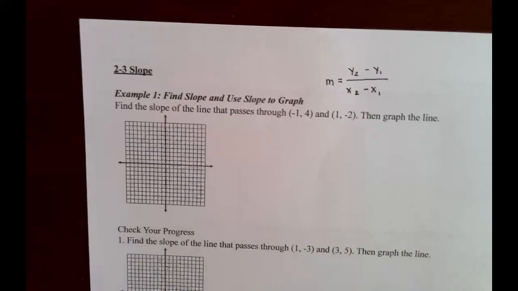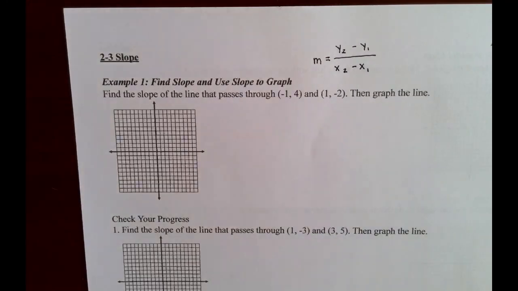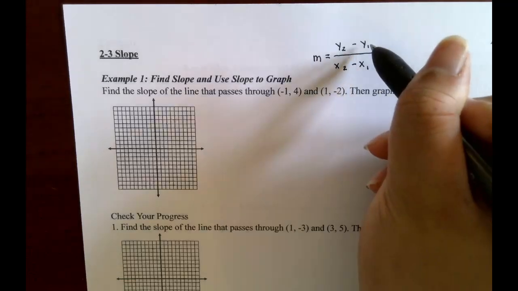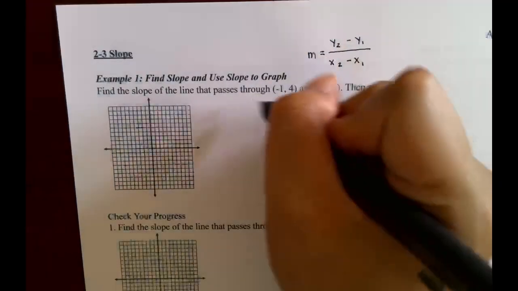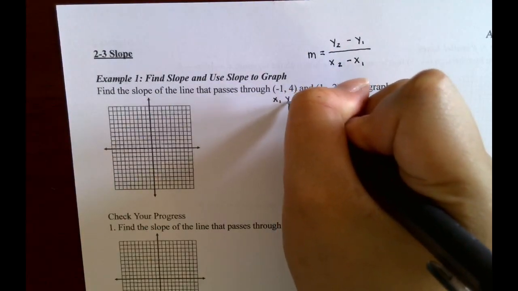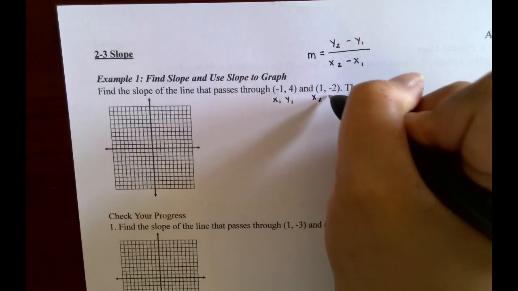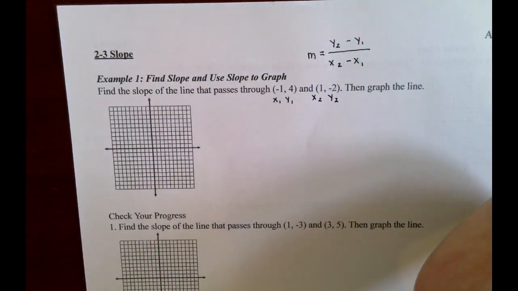Okay? So here, you're going to pick one of the points to be x1, y1, the other one to be x2, y2. So I'm just going to choose this one to be x1, y1, this one to be x2, y2, and then I'm going to plug it in.